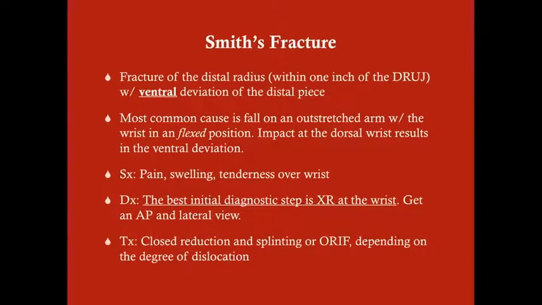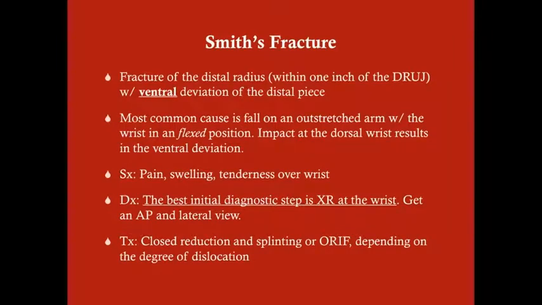And so because your wrist is flexed, when you fall down, you're hitting the dorsum of your wrist. And so when you hit the dorsum of your wrist, it's going to shove that distally broken piece ventrally rather than dorsally.